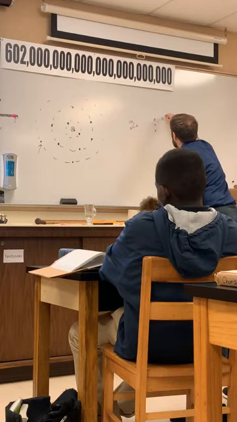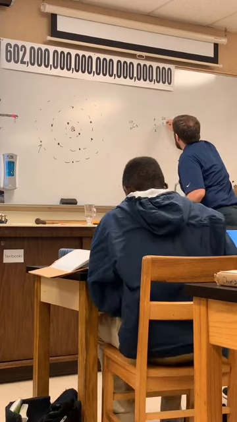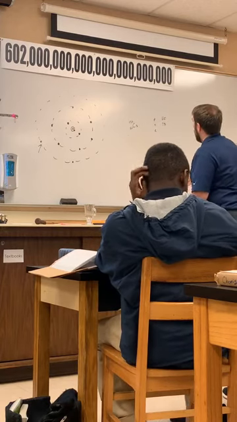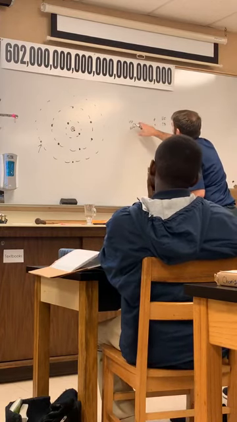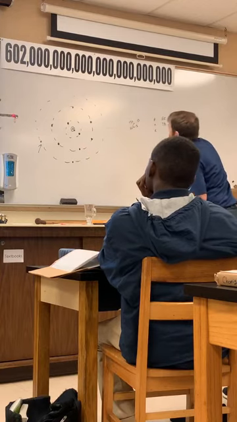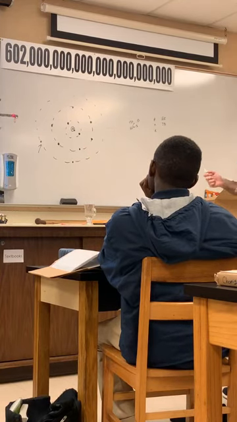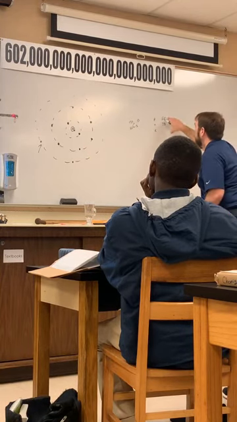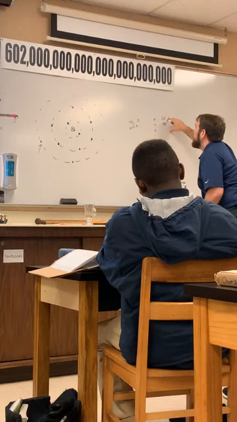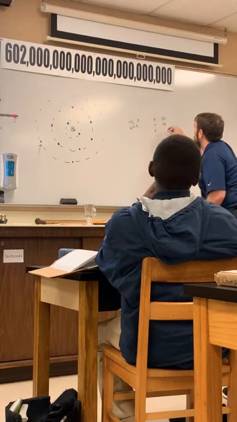Our protons were 55, our neutrons were 78, and our electrons, well, if it's an atom, that implies that the charge is 0, which means that the number of positively charged protons must equal the number of negatively charged electrons.